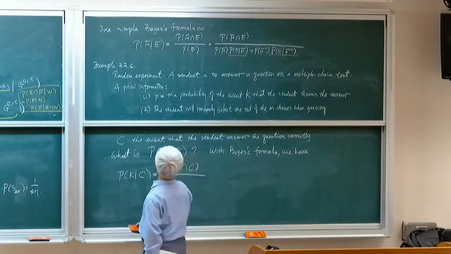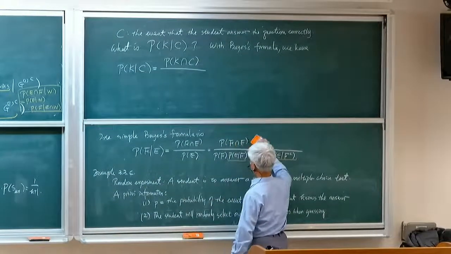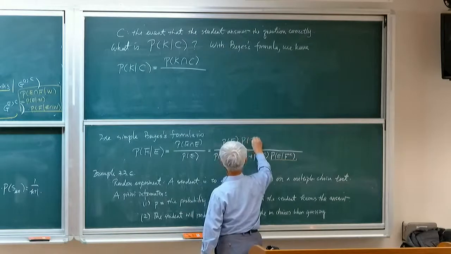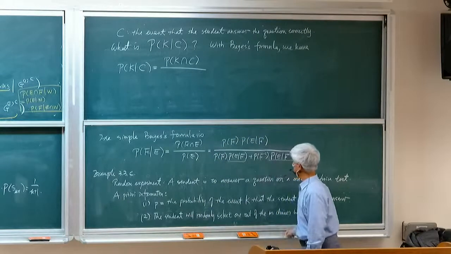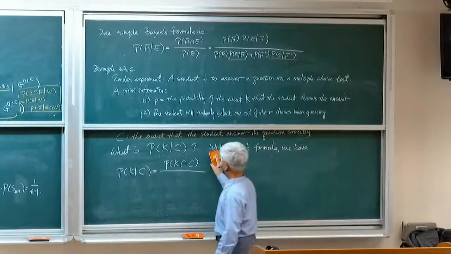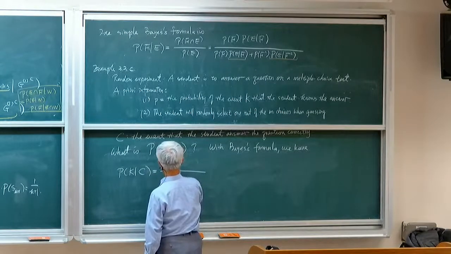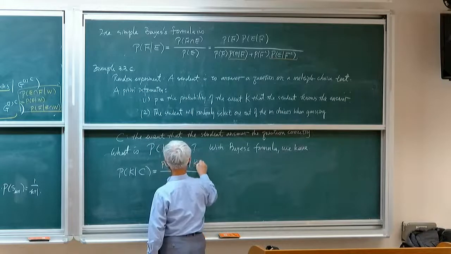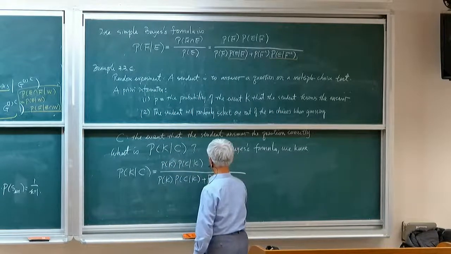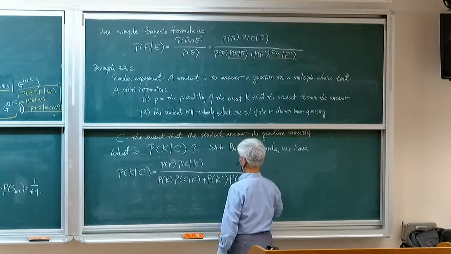And oh, by the way, I will replace this as probability of E, I'm sorry, probability of F. So we have the probability of K, probability of C given K, divided by probability of K, probability of C given K, plus probability of K complement, probability of C given K complement here.